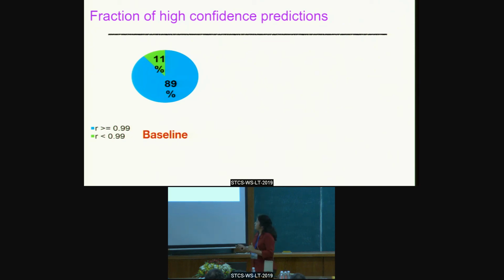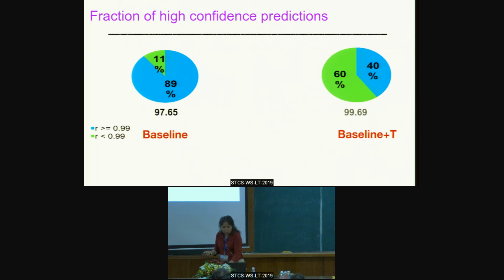So you expect that among those 89% of examples, the accuracy should be 99%, but it was not. It was 97.65, which is lower, so it is not calibrated. If you did temperature scaling on these outputs, then instead of predicting 89% of examples, you predict only 40% of examples with confidence above 99%.